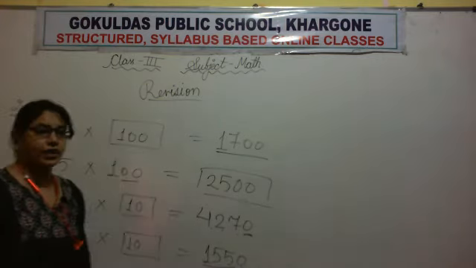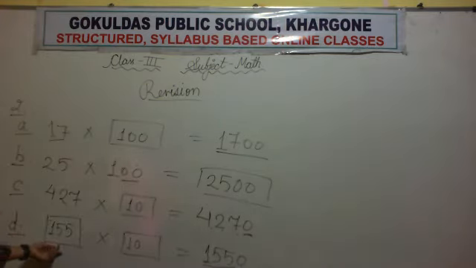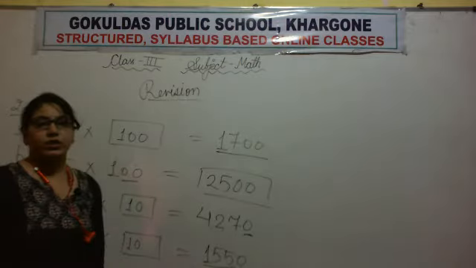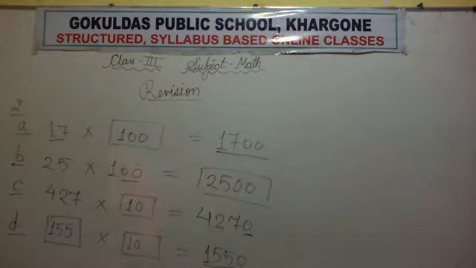So 155 into 10 is 1550. So write down all the answers in your book. This revision time will remain in book only.